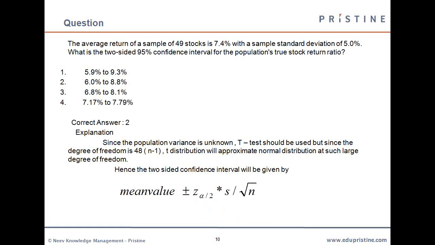If you put in all those values, 7.4% is your mean, and since it is a two-sided test with 5% significance level, your critical value will come to be around 1.95, which you can verify by looking in your Z table. The correct answer is answer option 2.